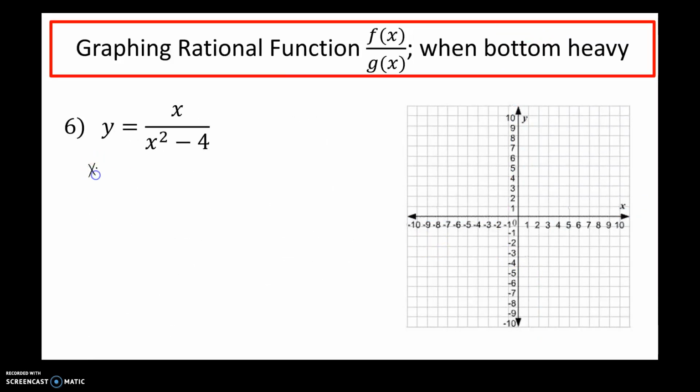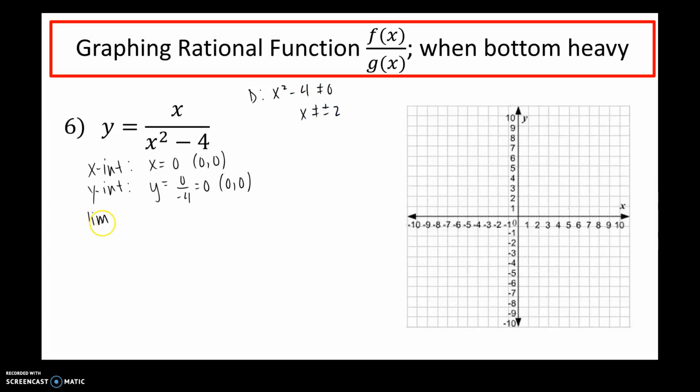So next one, x-intercept. Set the numerator equal to 0, so the origin will be an x-intercept. Y-intercept, 0 over anything is also 0, so my x and my y-intercept are at the same point. We've seen this before. X can't be plus or minus 2.